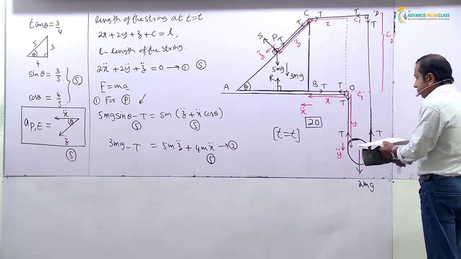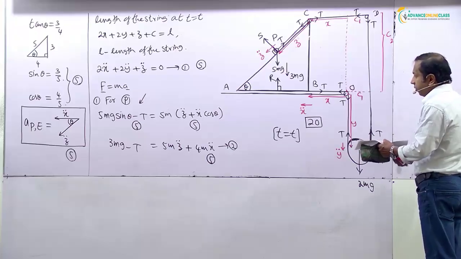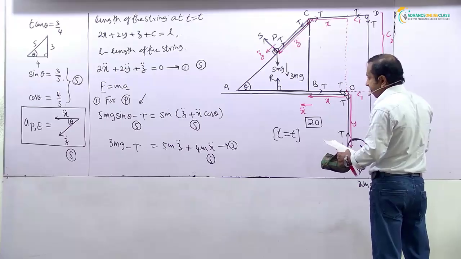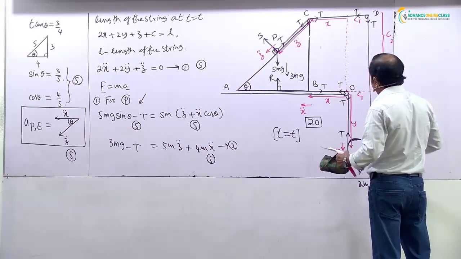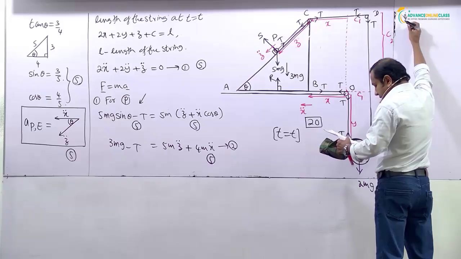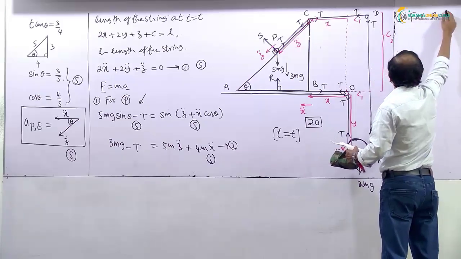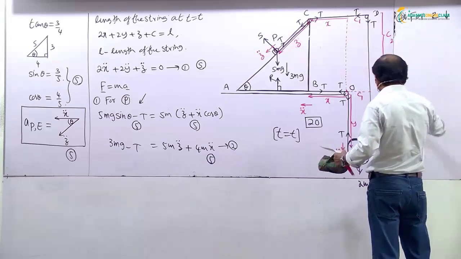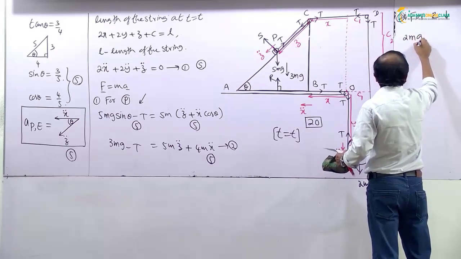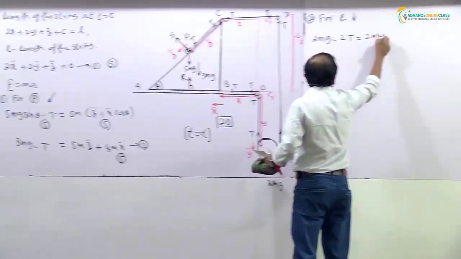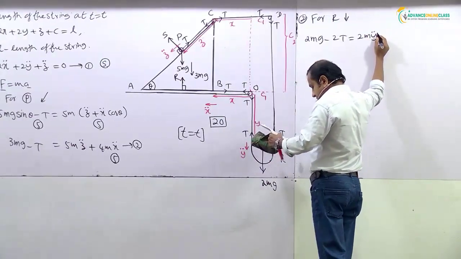Then we apply the next one. Secondly, we can apply F equals ma for capital R downward. 2mg minus 2T equals 2m y double dot.